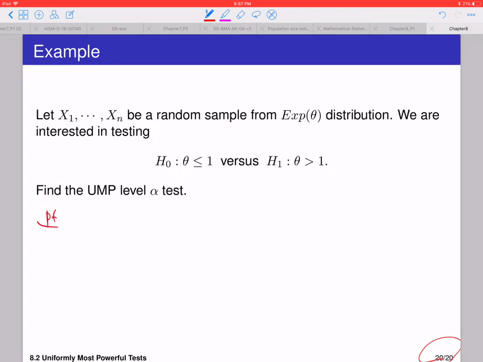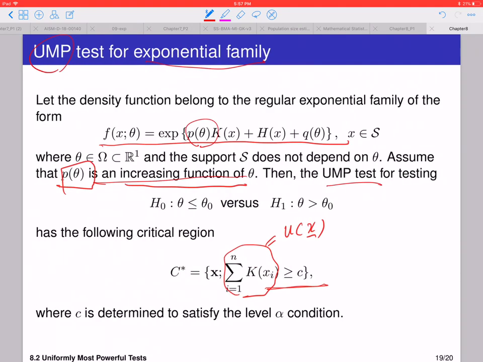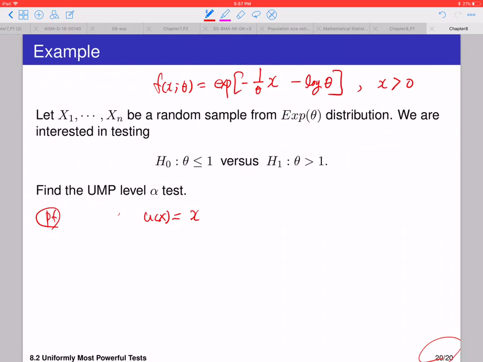So here's an example. In this one, this is the exponential family, right? So that is something like this. So u(x) is, no sorry, the summation of x_i.